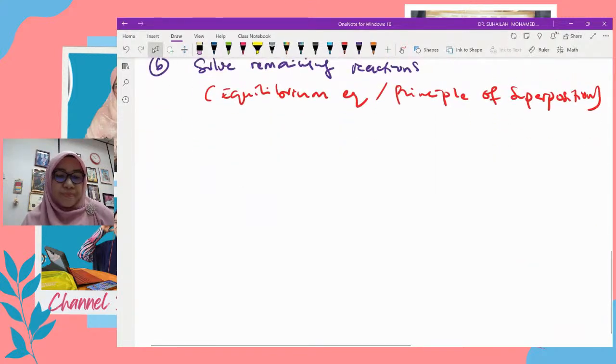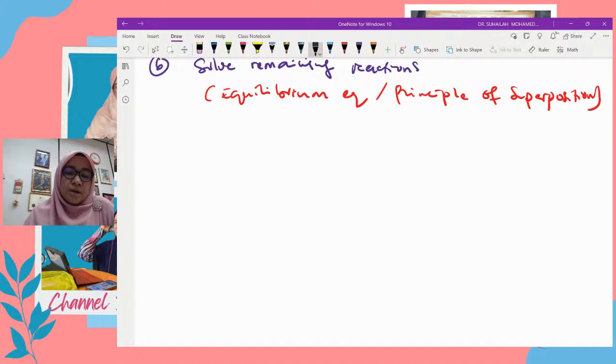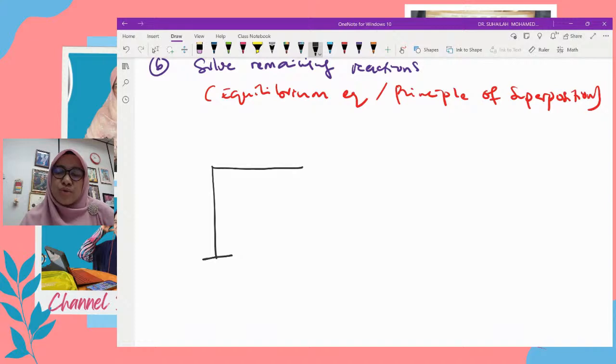So maybe we need to consider one example here. A simple example is enough. Let's say we have a frame like this, with one redundant.